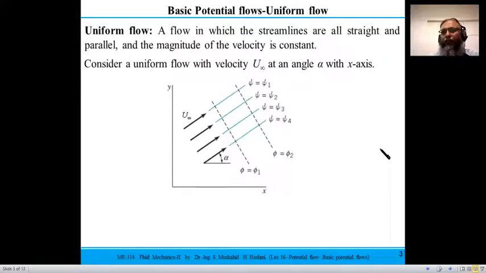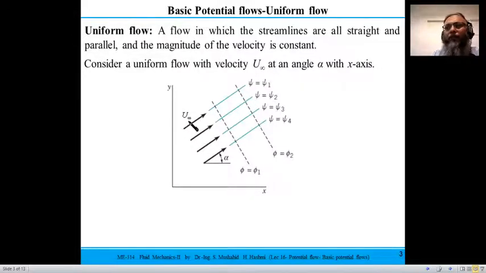We can think of arbitrary streamlines. So psi1 is the first streamline, psi2 is a mathematical function representing another streamline, and so on. And phi1, phi2 are the lines perpendicular to those streamlines, which are velocity potential lines. At this point, we assume that the magnitude of the velocity in the space x and y is constant.